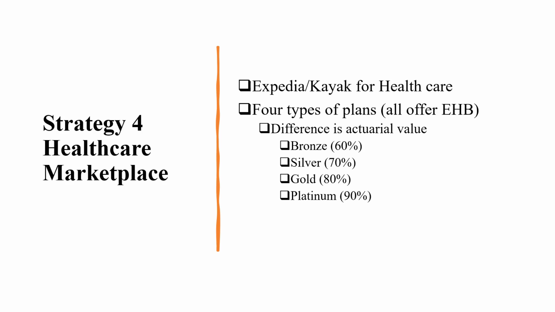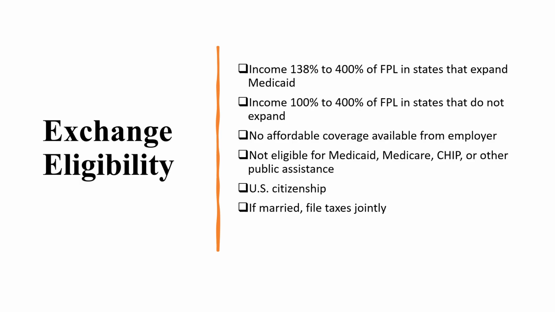So the exchanges do have eligibility requirements. The income has to be between 138% to 400% of the FPL in states that expanded Medicaid, and from 100% to 400% in states that did not expand. If no affordable coverage is available from an employer, that makes an individual eligible. And to be eligible, you can't be eligible for Medicaid, Medicare, CHIP, or other public assistance programs.